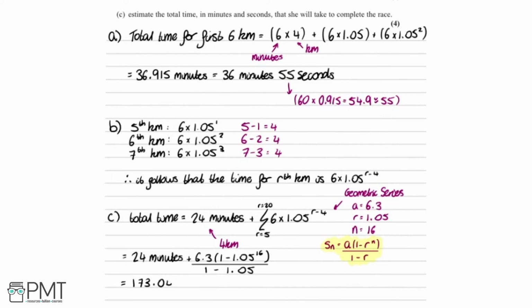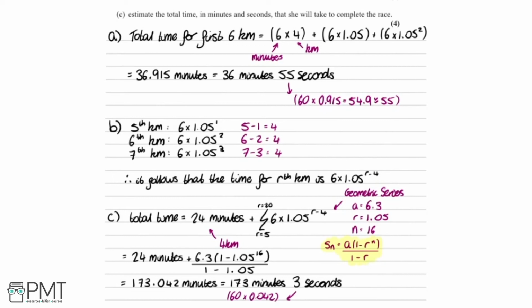That's 173.042 to 3 decimal places. Just work that out by putting that in the calculator. So that's minutes, and that equals 173 minutes and 3 seconds. And just like earlier, we worked that out by doing 60 multiplied by 0.042 and then rounding to the nearest second.